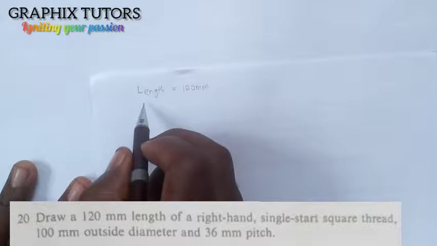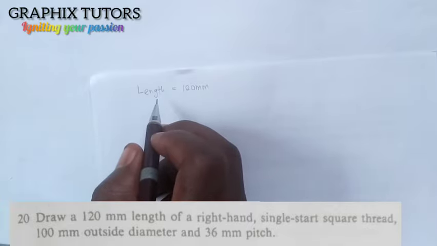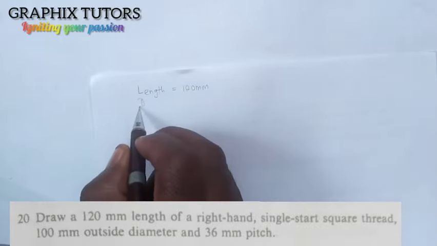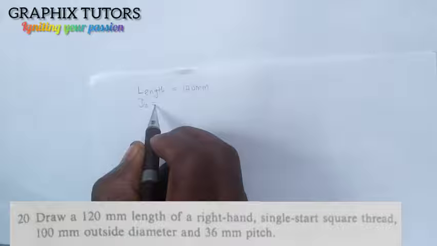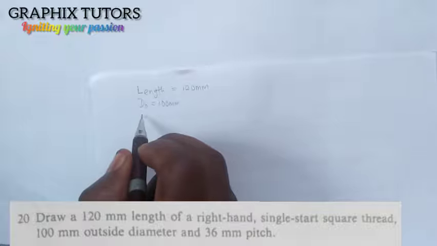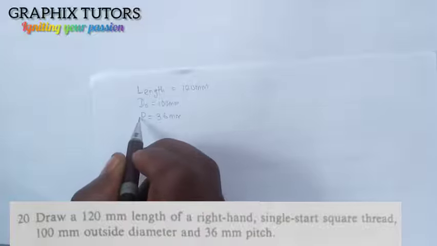So since it is a single start, it means the length is equal to what? The pitch. So that's the keyword. Now, the outside diameter, d outside, is equal to 100 millimeter, and the pitch is given as 36 millimeter. So in this case, the pitch is equal to what?